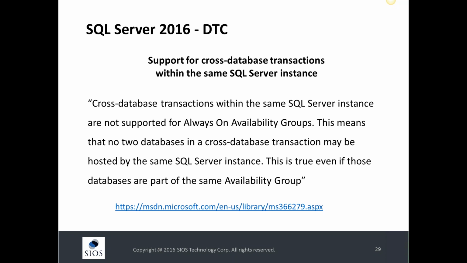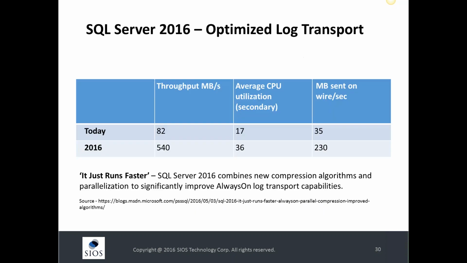So just be careful. If you're excited about DTC support, just look at your architecture to make sure that you're not going to run into this limitation and then have to fail back to using the failover cluster instance.